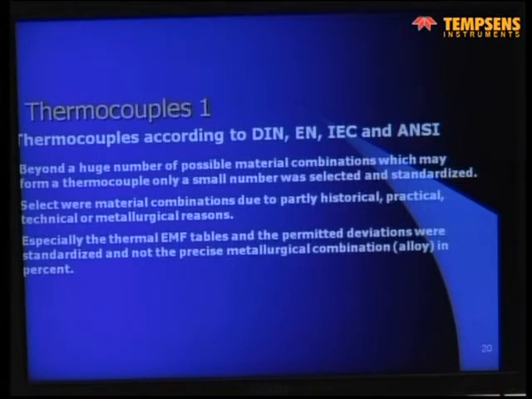This is also valid for the noble metal thermocouples. They do it accordingly. They vary. No, they do not make impurities in the platinum wire, but they vary by fractions of a percentage the content of rhodium to form a thermocouple class 1.